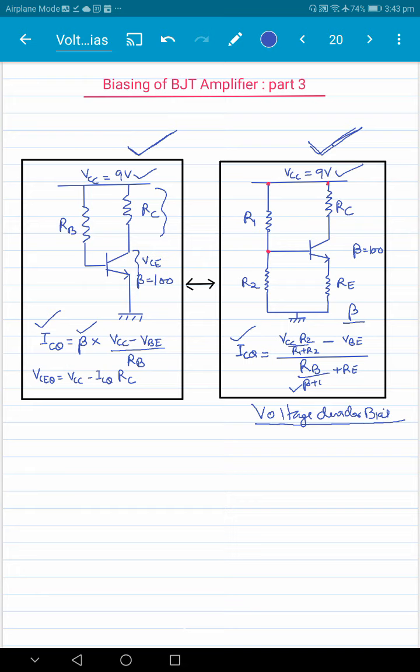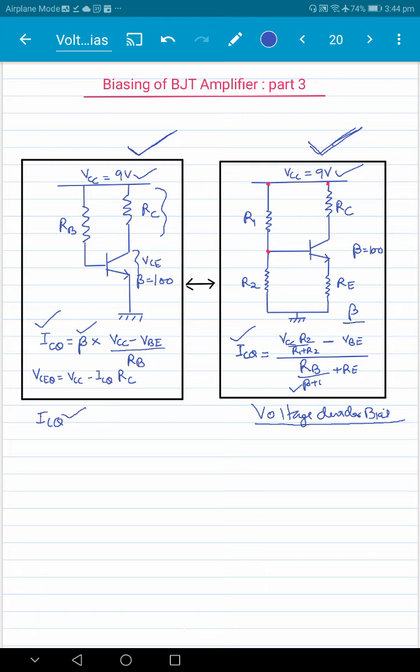This is similar to what you would have seen as biasing in the middle of the load line, right? So we have 9 volts, so VC equals 4.5, and the drop across the collector resistance, ICRC, is 4.5 also. So the design of the first circuit is straightforward, given a particular value of ICQ.